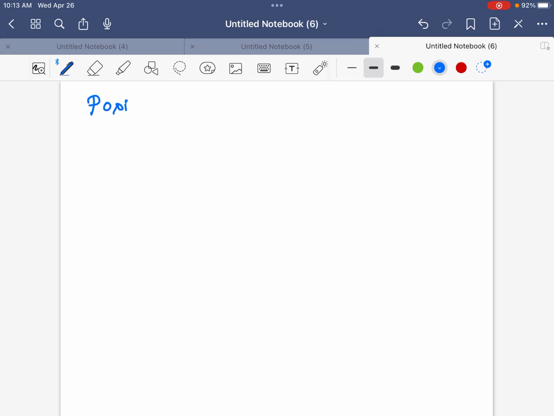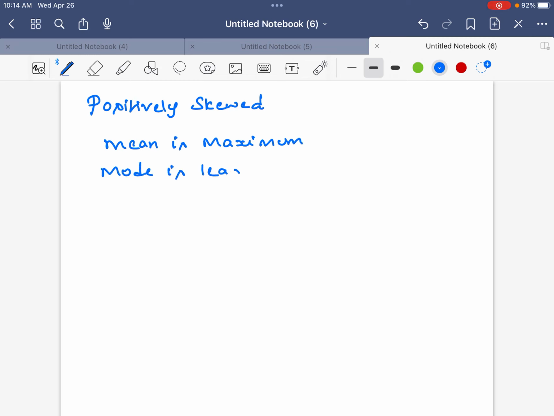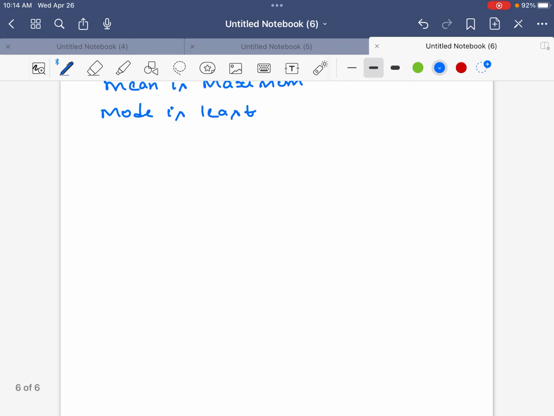I take the positively skewed distribution first. A distribution in which mean is maximum, mode is least, and median lies in between the two is called a positively skewed distribution.